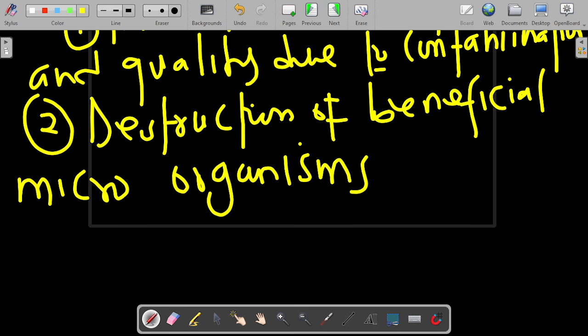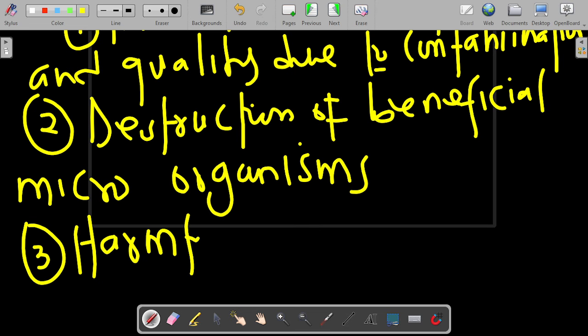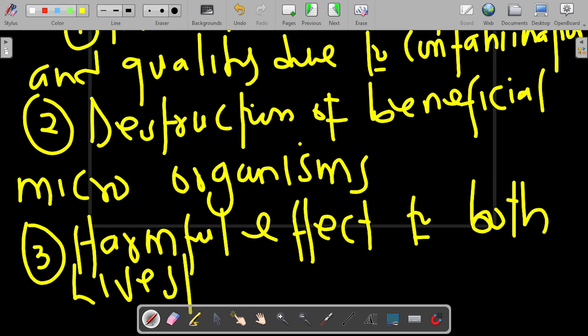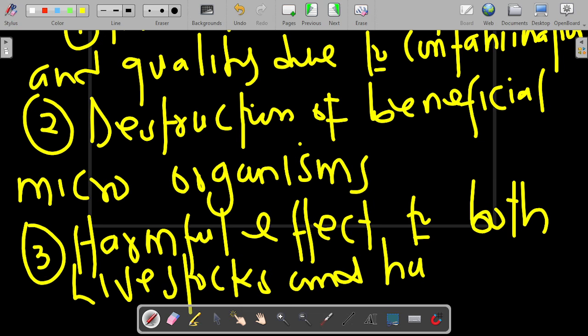Then 3, harmful effects to both livestock and humans.